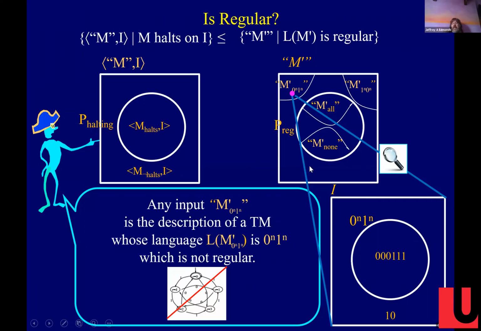And if the input is of some different form, like 1, 0, then it says no. This is a set of Turing machines whose language is 0 to the n, 1 to the n. And I know that those Turing machines are no instances. Why? Because we know that 0 to the n, 1 to the n is not regular. Does that make sense?